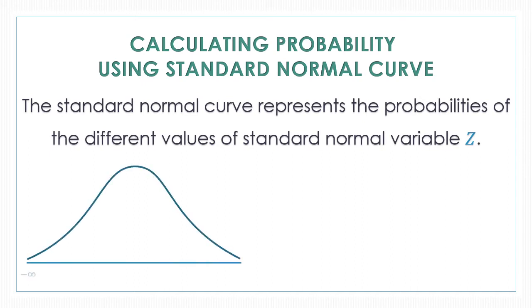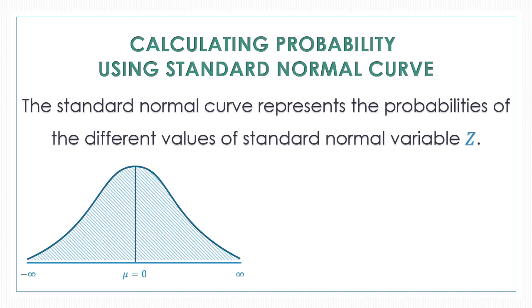So we have this curve here, with negative infinity, positive infinity, and mu, which is 0. This whole curve represents the total probability. See this highlighted part here.